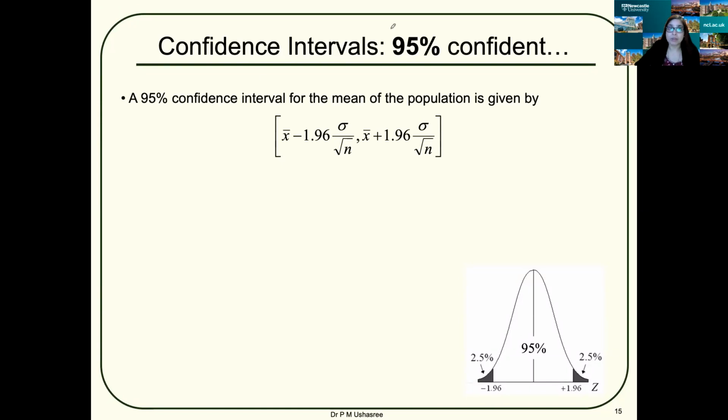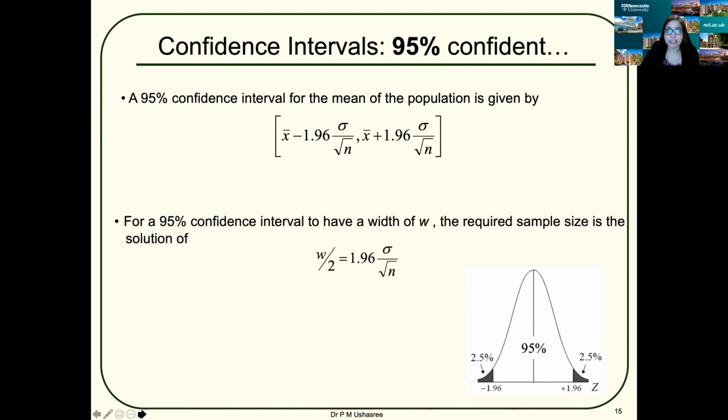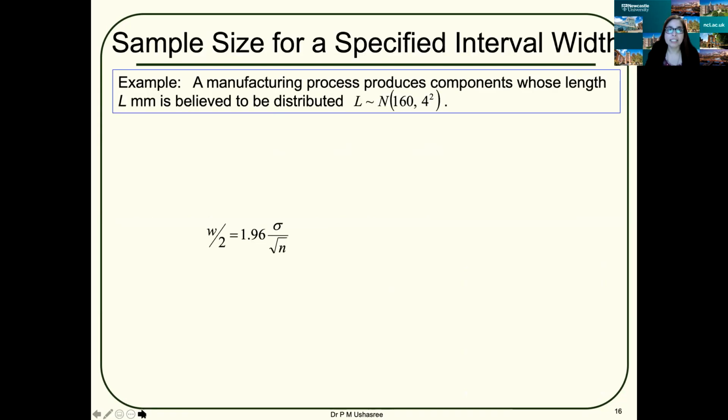For a 95% confidence interval for the mean of the population, the mean lies within this limit and the interval will have a width. The required sample size can be found using this formula from the width. Now let's see this formula.